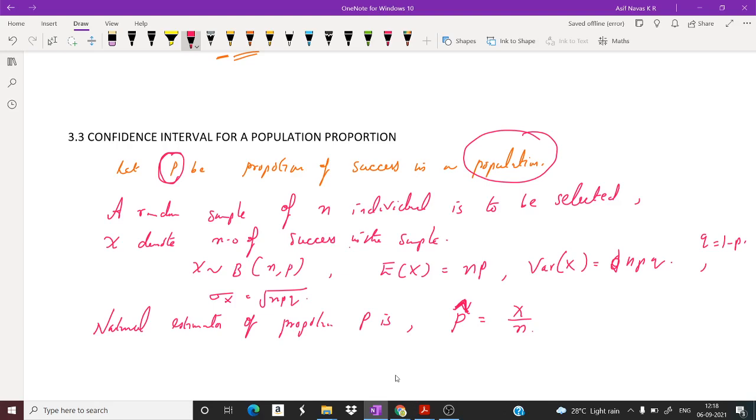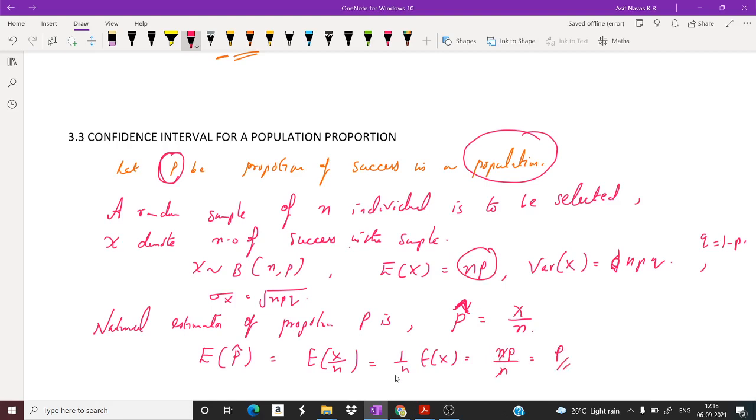When this n is very large, we know that the expectation of p bar is equal to the expectation of x divided by n, which is 1 by n times the expectation of x. The expectation of x is np, so np by n is p.